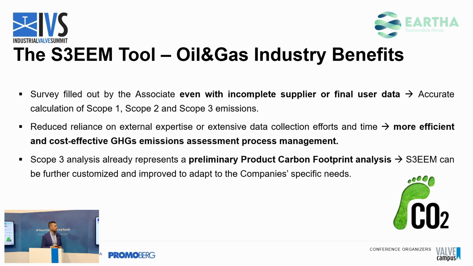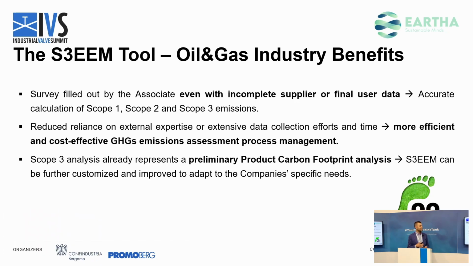Coming up to conclusions, what are the main benefits for the oil and gas industry? First of all, for sure, the fact that the questionnaire can be filled out by the associate on his own, even with incomplete supplier or final user data.